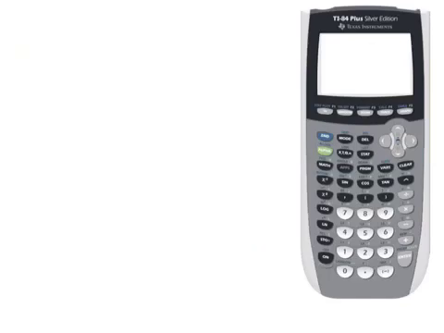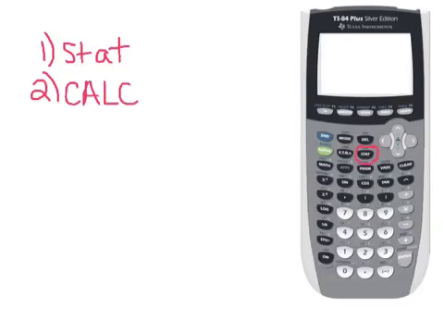To calculate an exponential regression, we are going to go back to the stat menu, and instead of choosing edit this time, which we did when we entered our data into the list, we are going to choose the calculate menu, which is at the top. So arrow over to calc at the top, and then underneath the calc menu there's several types of regression.